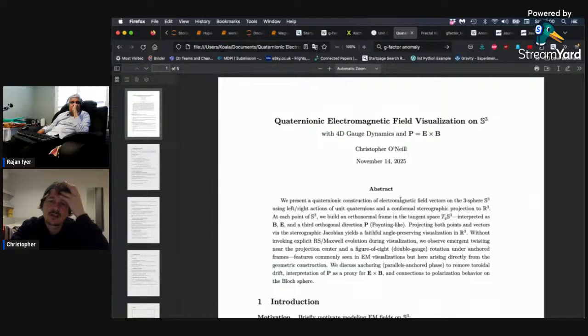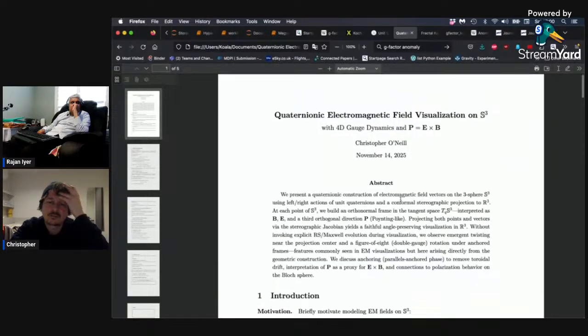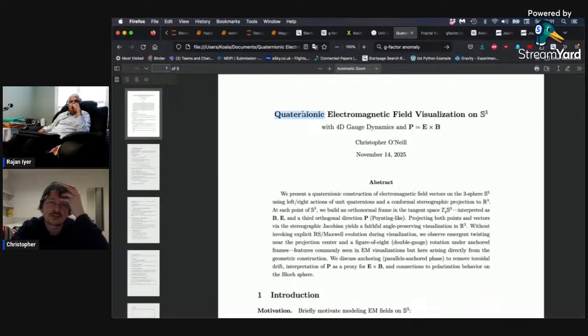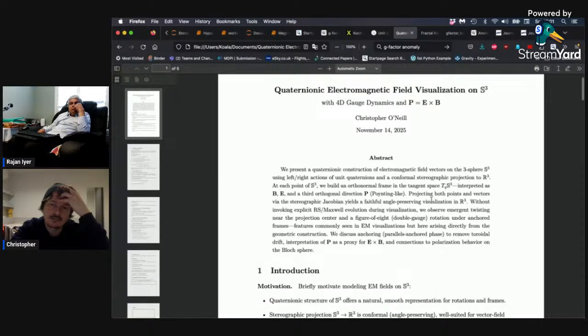Now here's just a short sketch of a paper that I'm working on based on all of the research that I just showed you. So we have Quaternionic electromagnetic field visualization on S3 with 4D gauge dynamics for P equals E times B. Now this might shed some more light on it.